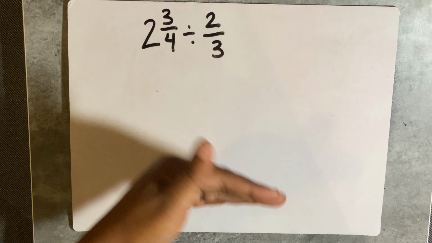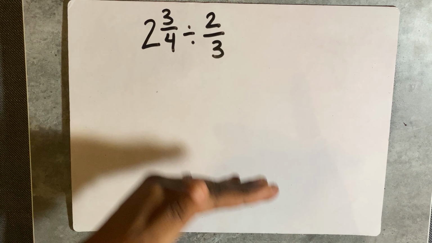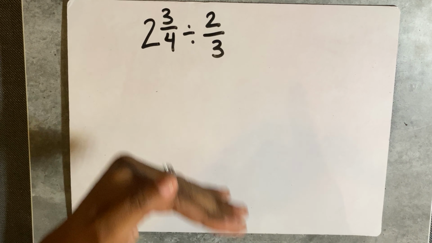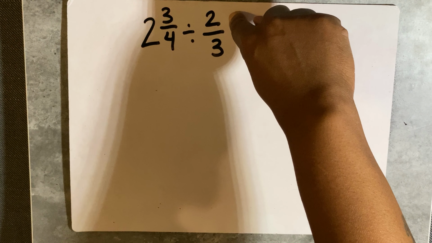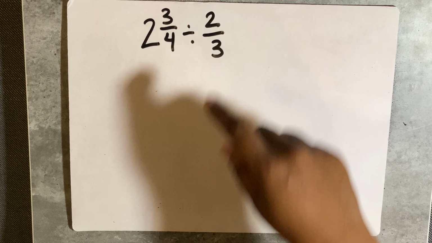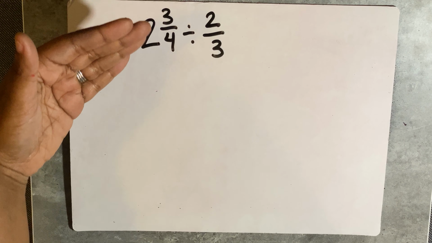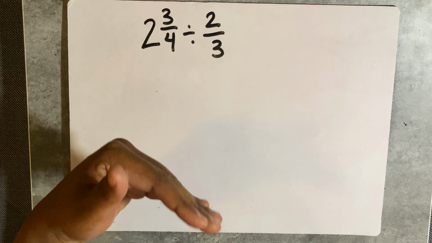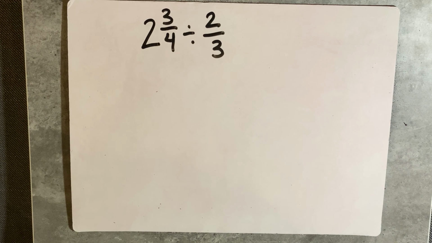What I mean by heavy on the top, I mean that the number on the top is larger than the number on the bottom. In a regular fraction, we have a smaller number on top of a bigger number. An improper fraction means that I have a bigger number on the top and the smaller number on the bottom. How do we do that?